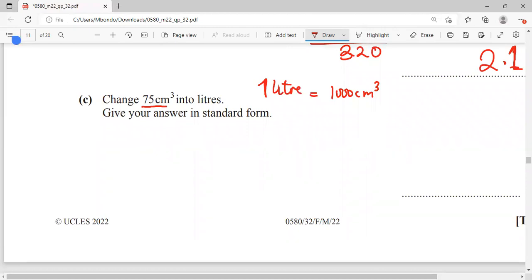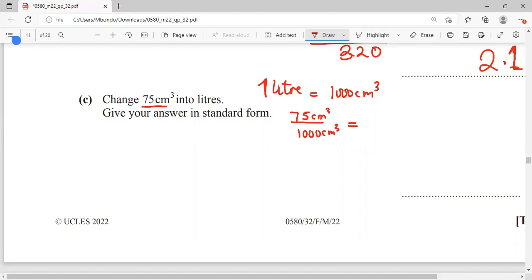So the first step is we need to divide this into liters. Okay, that's what we're supposed to do, isn't it?